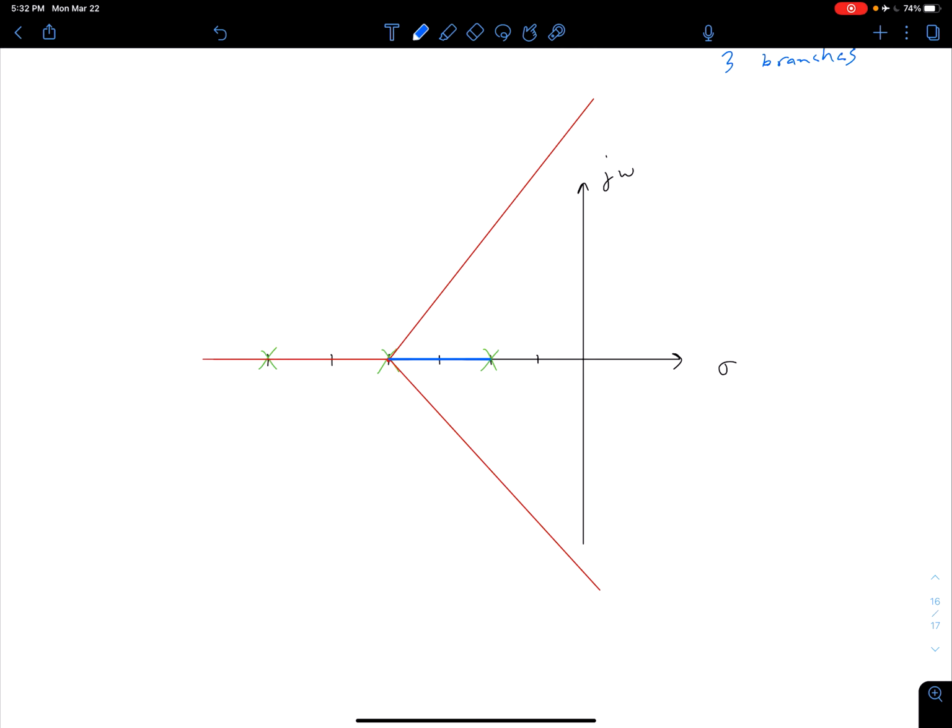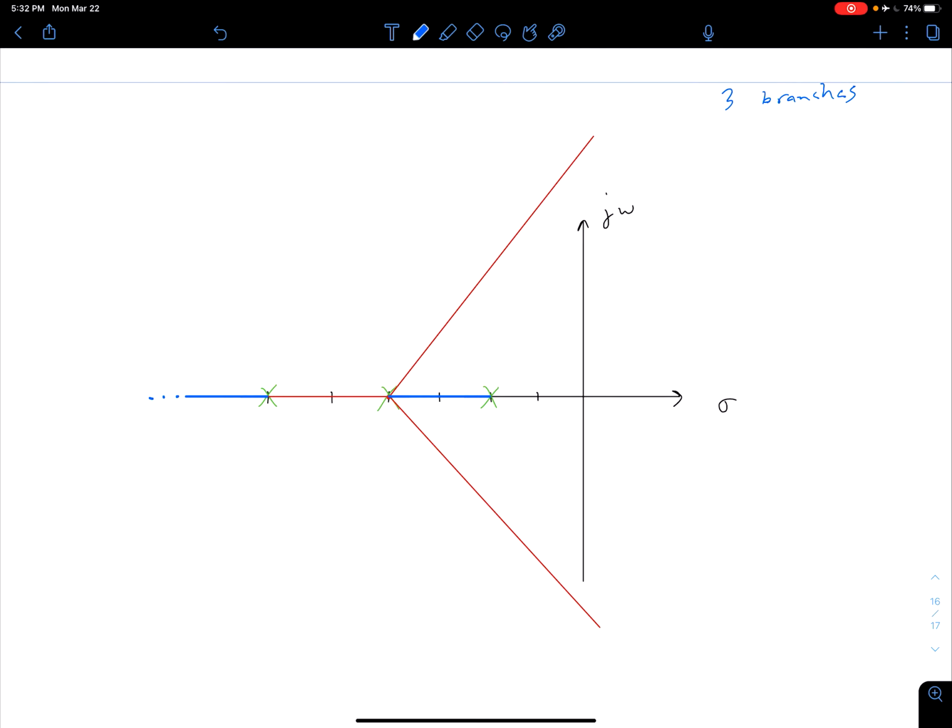Once we move past that third pole, we're back on that real axis, so everywhere to the left of that, our root locus is going to be on the real axis because now we're to the left of an odd number, 1, 2, 3, of finite open loop poles. Okay, so that's our rule 3 applied.